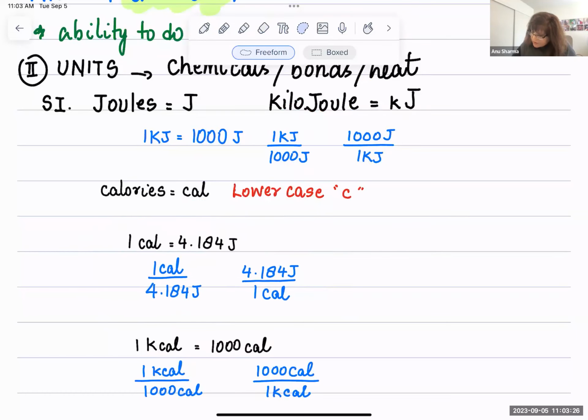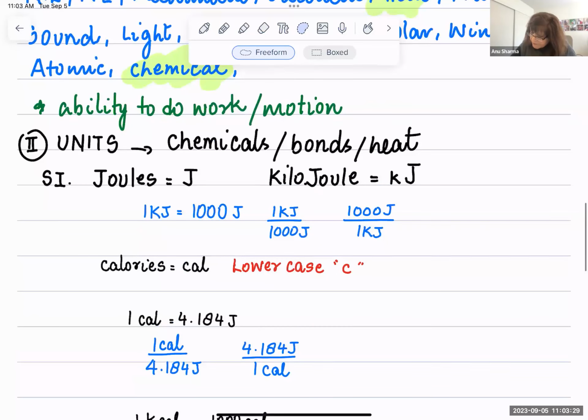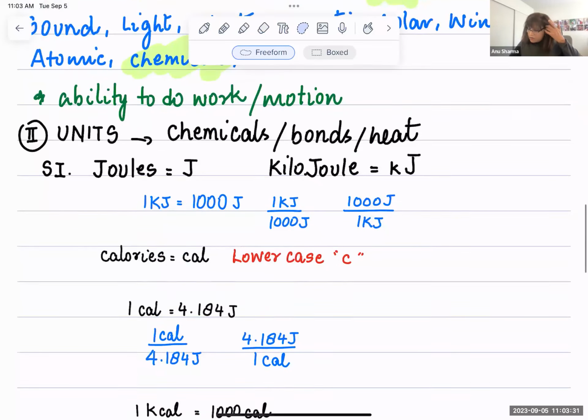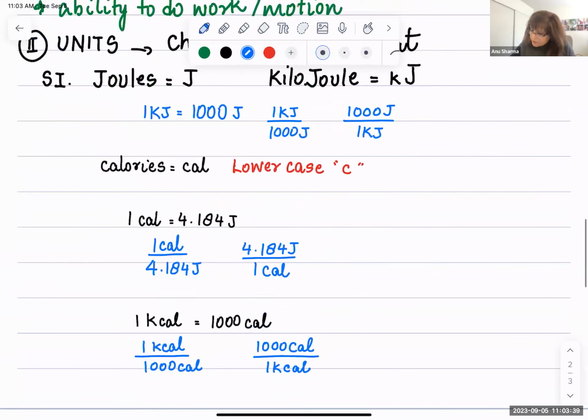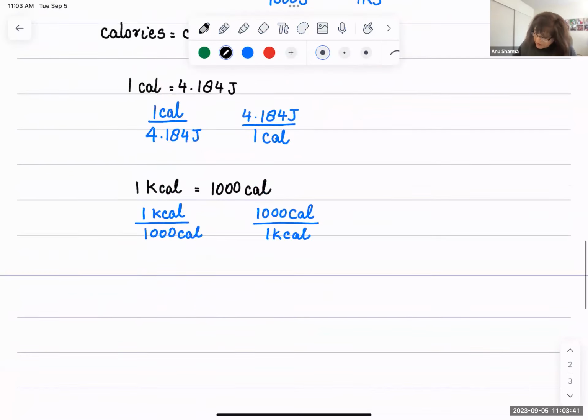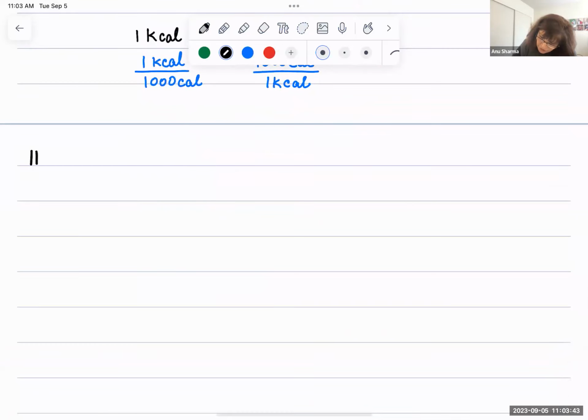Now let me make this nice and clear. Now we are looking at the next situation, where we are going to convert. Let's look at some conversions with the energy units.